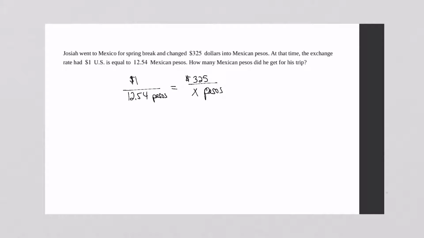X times 1 is X. 12.54 times 325. So on my calculator, 12.54 times 325 is 4,075.5. And in this case, always on word problems, you label your answer pesos.